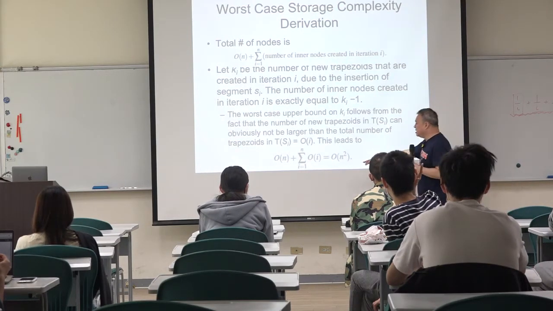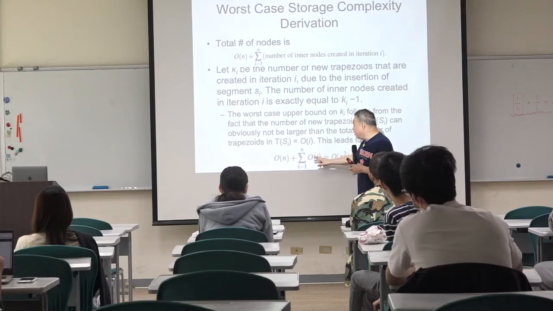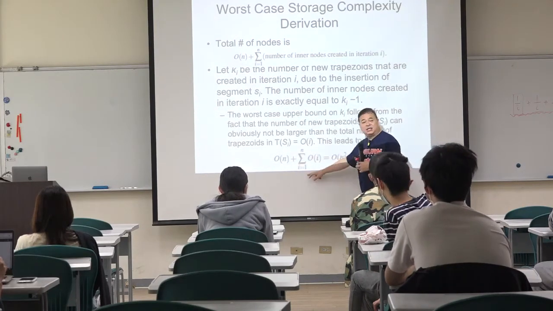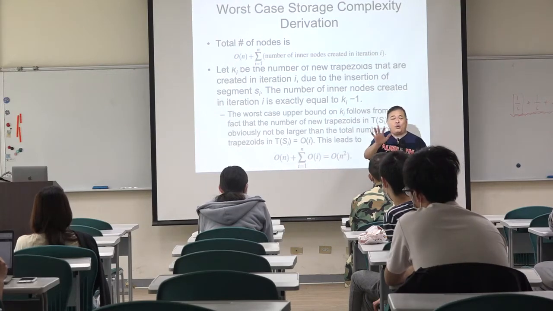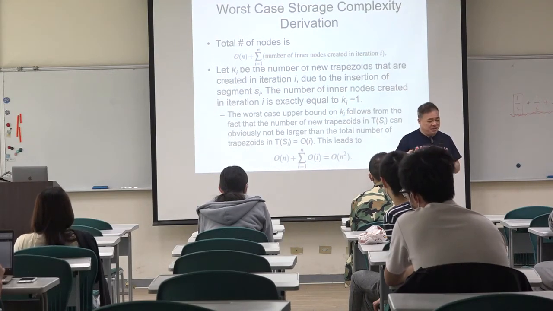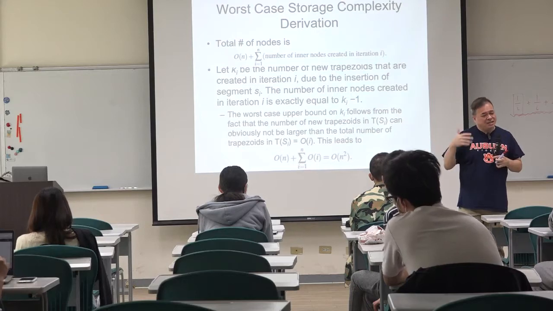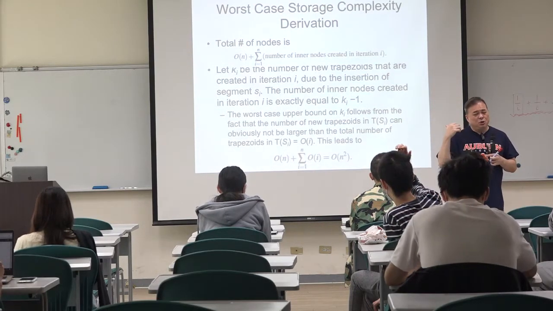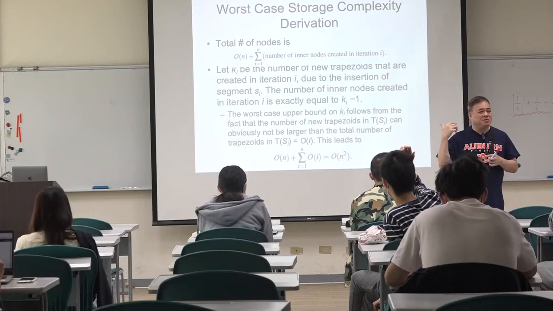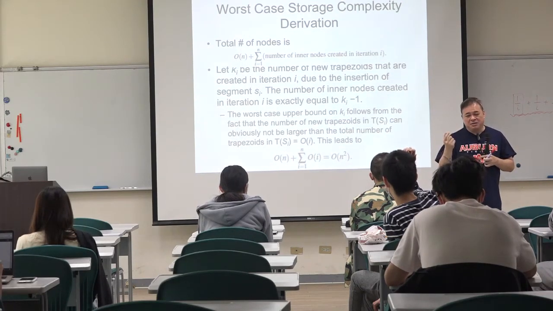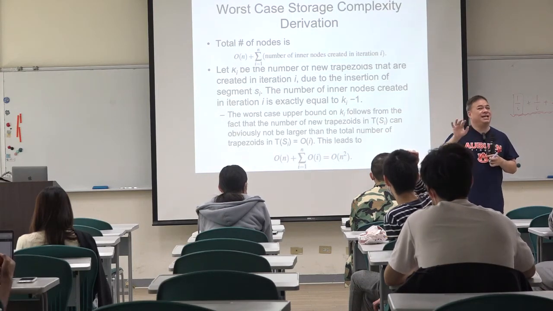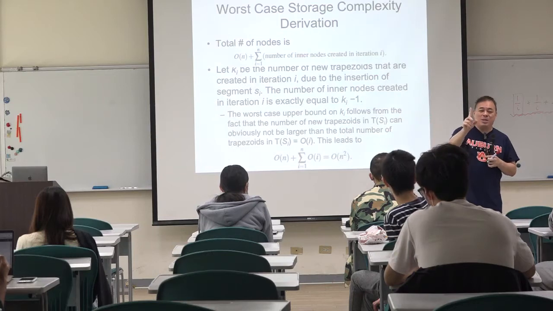Then it's going to be big O(n) plus the sum of big O(i) from 1 to n. This analysis is not very mathematical, because normally you don't write a formula like that in a mathematics department, since big O(i) actually represents a set of formulas, not just one formula.